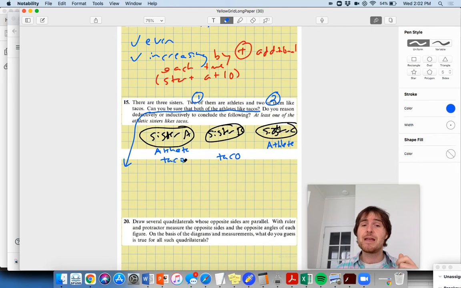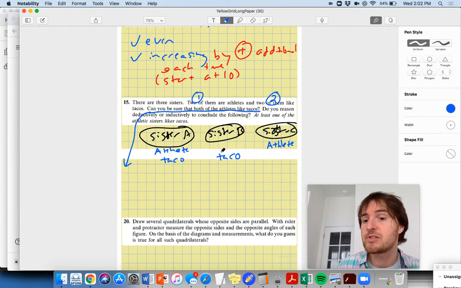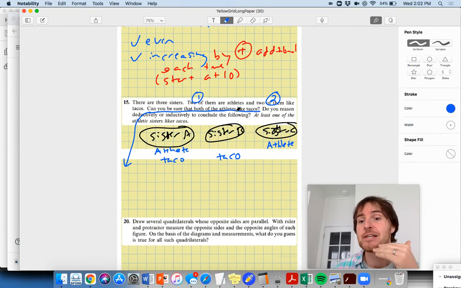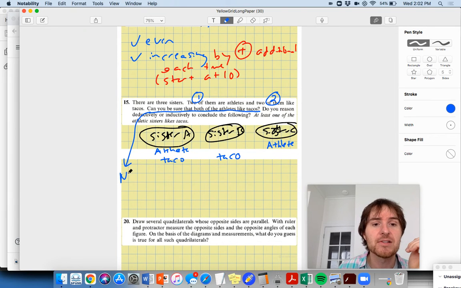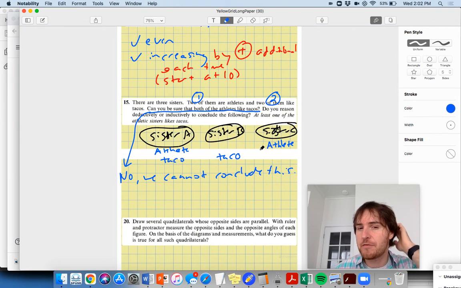Okay, so here we have the given premises. Given premise one is that we have two sisters here that are athletes. Given premise two is that we have two sisters that like tacos. So my given premises here are true in this situation, but the conclusion that both the athletes like tacos is false. Okay, so I would say no, we cannot conclude this, because we could have this situation as our if-then, right?